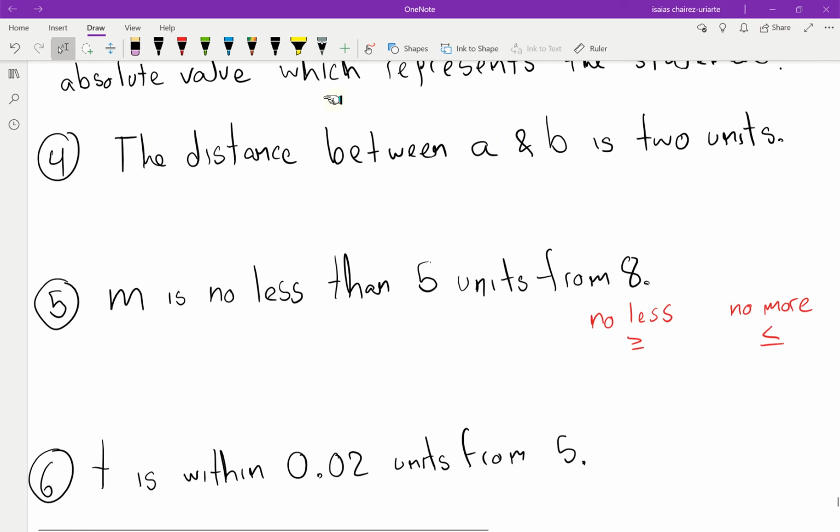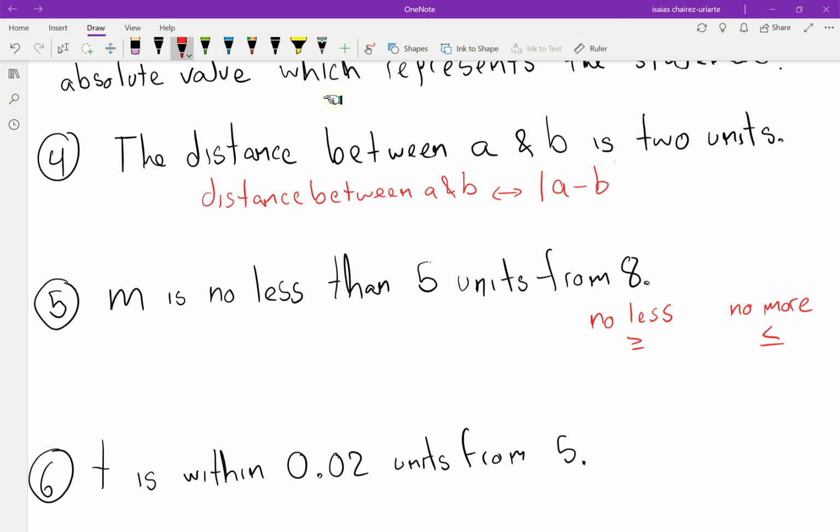What I'm going to say here is the distance between A and B is just the absolute value of the difference, A minus B. You could also say B minus A. It doesn't matter. Both of them are the same thing. So for instance, you could say absolute value of 7 minus 2, that would be 5.